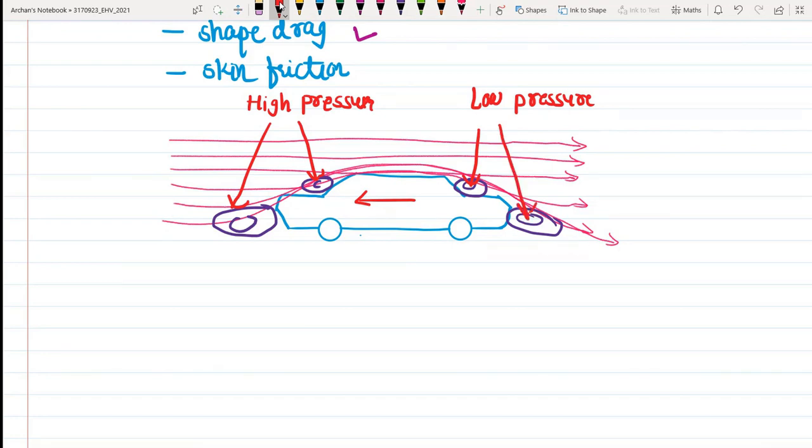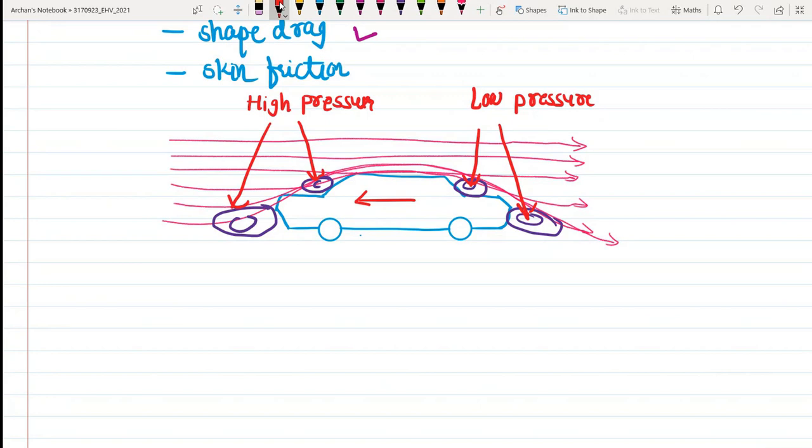As we have discussed earlier, this creates two zones of pressure, one high pressure and another low pressure. The motion which has created these two zones will oppose the motion of the vehicle by pushing it forward, that is high pressure in front, and pulling it backward, that is low pressure in the back. This resulting force on the vehicle is nothing but the shape drag. So this is how the shape drag works.